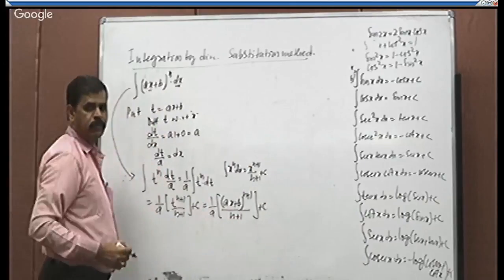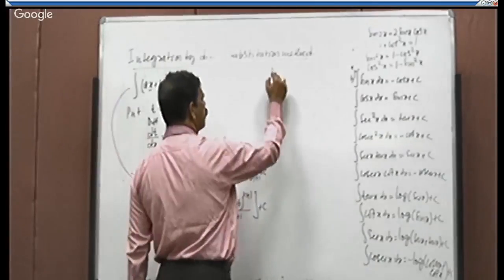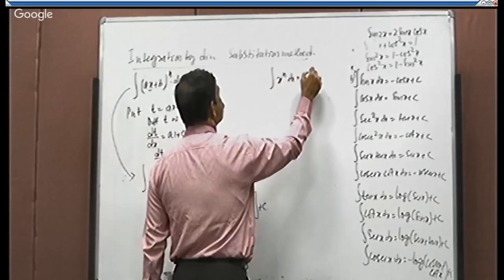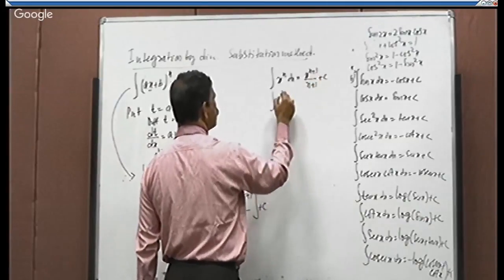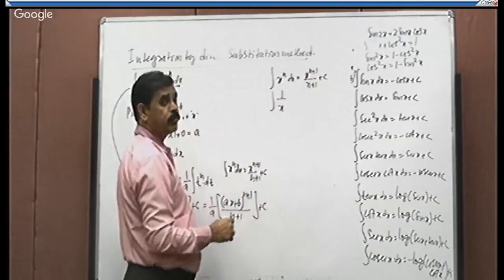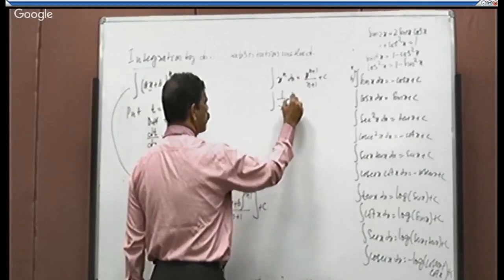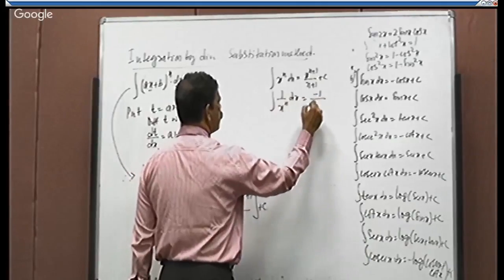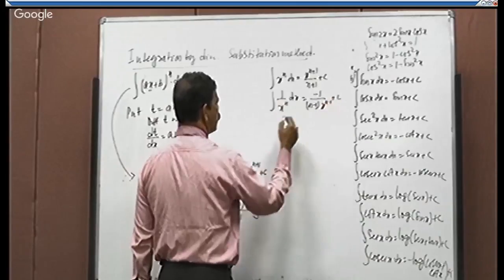plus c. So in all the formulas of integration, x is replaced by what? X is replaced by ax plus b. So what is the integration of 1 by x to the power of n? It is minus 1 by n minus 1 into x to the power of n minus 1, plus c.